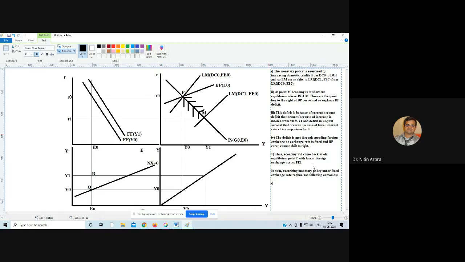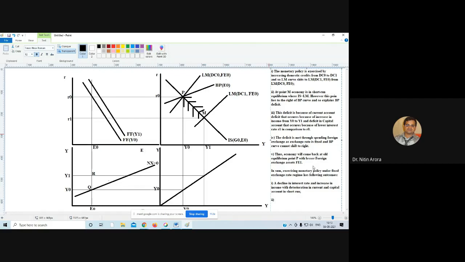Number one, a decline in interest rate and increase in income with deterioration in current and capital account in short run.